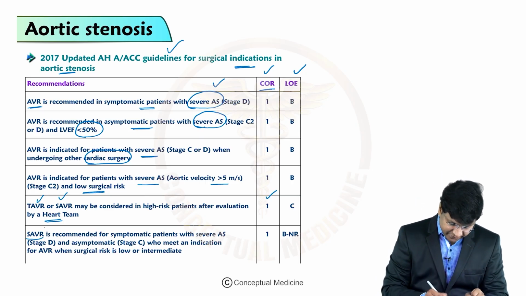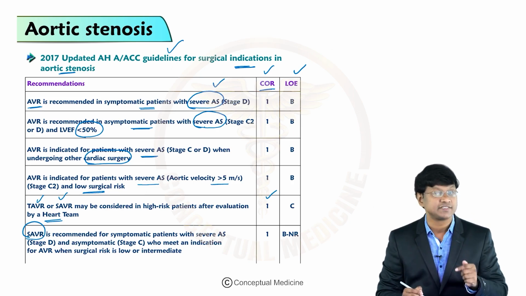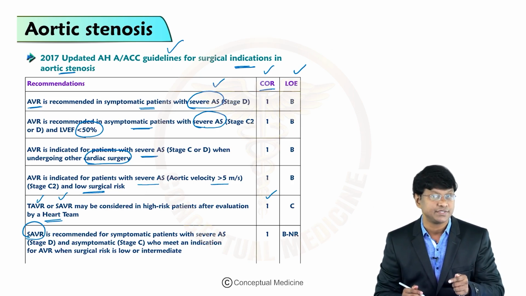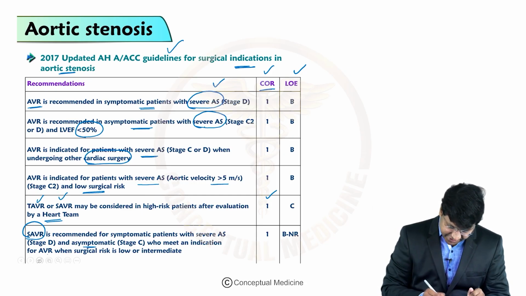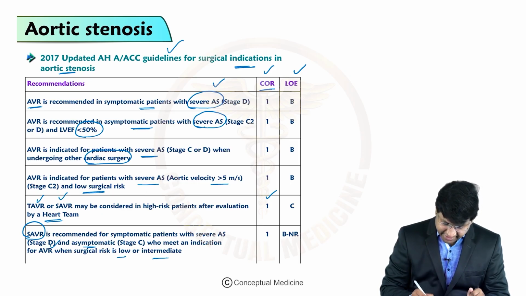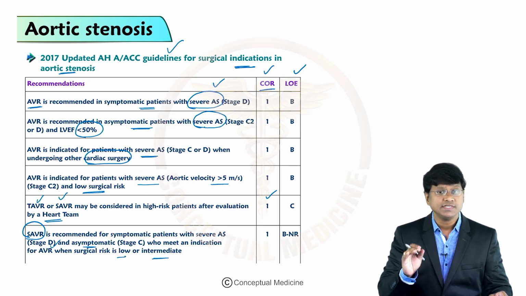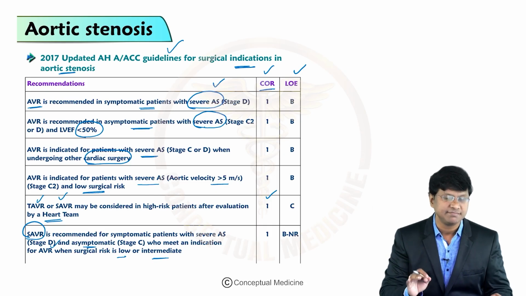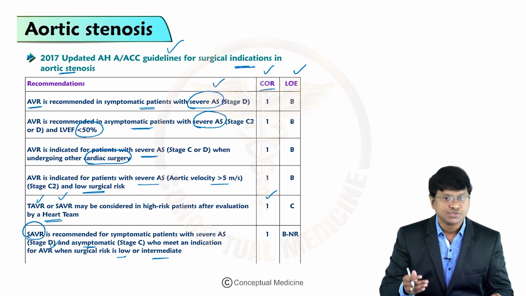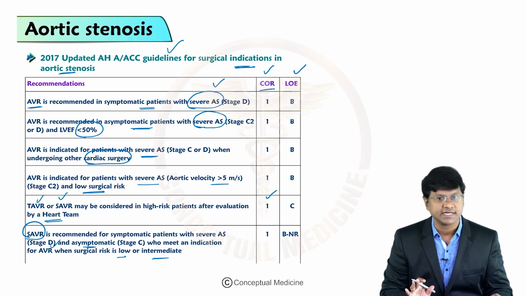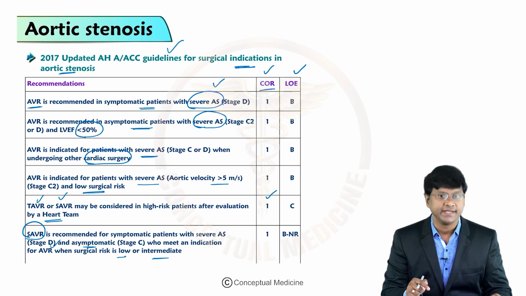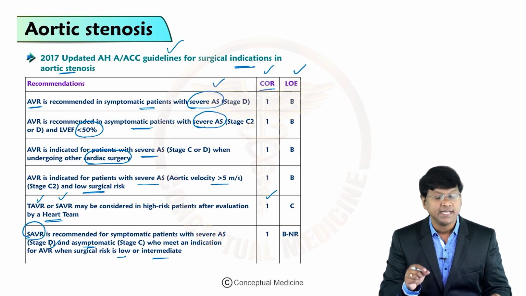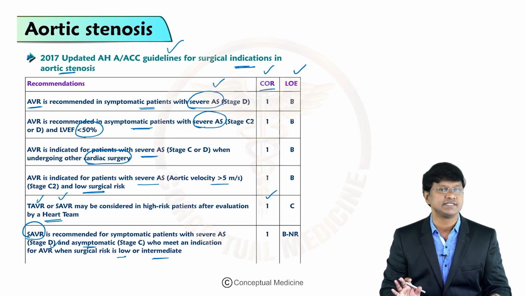And surgical aortic valve replacement is recommended for symptomatic patients with severe aortic stenosis, and asymptomatic patients who meet an indication for aortic valve replacement, when surgical risk is low or intermediate. So in symptomatic severe aortic stenosis, they have to undergo surgical aortic valve replacement, but this has to be done only when the individual has a low or intermediate surgical risk.